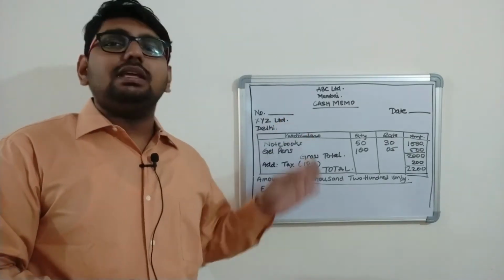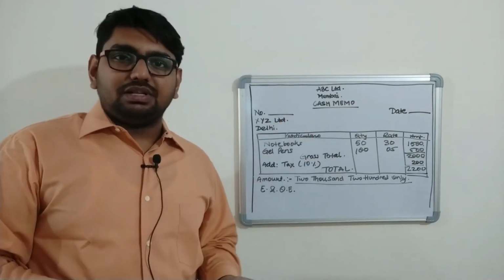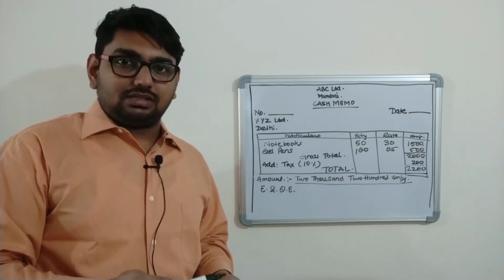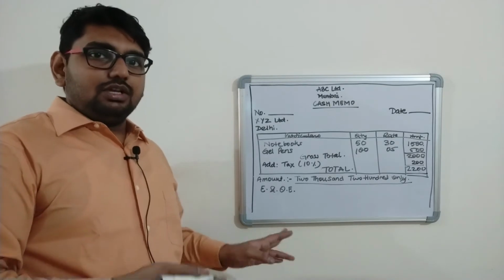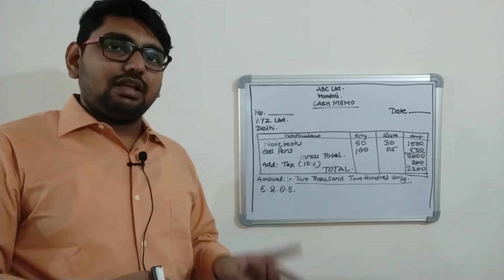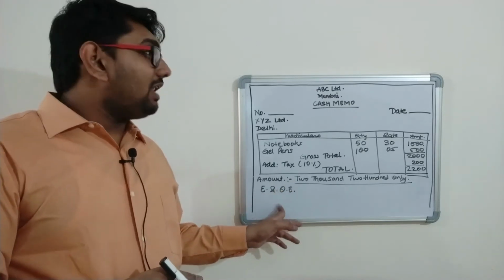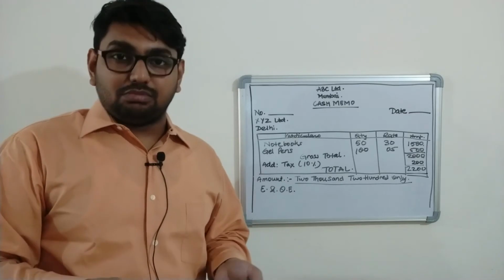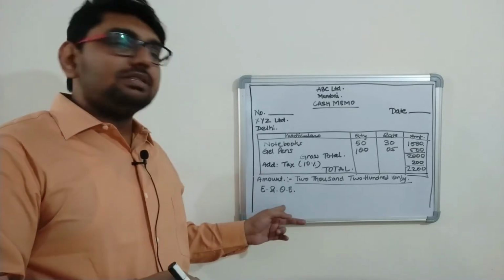Now whenever I am making this document, it is possible that there is some mistake in this, or there are some omissions in this. So if you write this term, you can make any corrections in the future to this bill. However, if you do not write this term, you will have to tear the entire cash memo and make a new cash memo. So this term is very important.